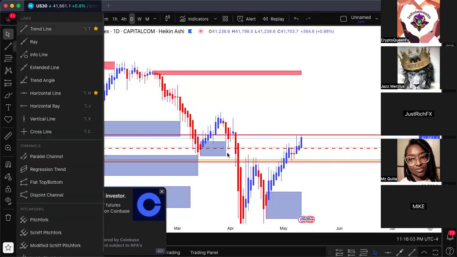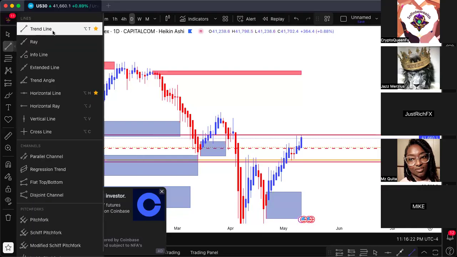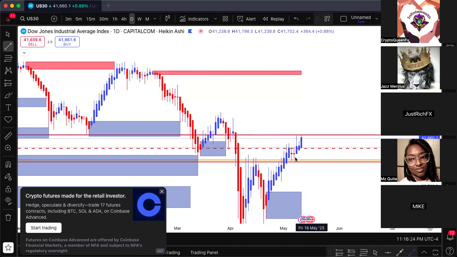We've been trending 1, 2, 3, 4, 5, 6, 7, 8, 9. We had a 9-day trend before it pulled back. And right here, 1, 2, 3. So we've been buying for the past 3 days.